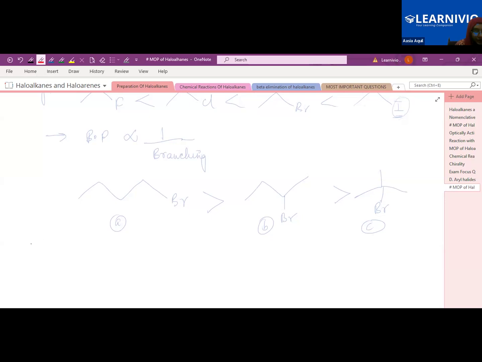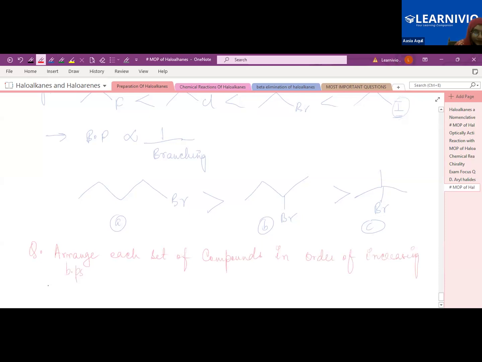Okay, write down one question here. Arrange each set of compounds in order of increasing boiling points.